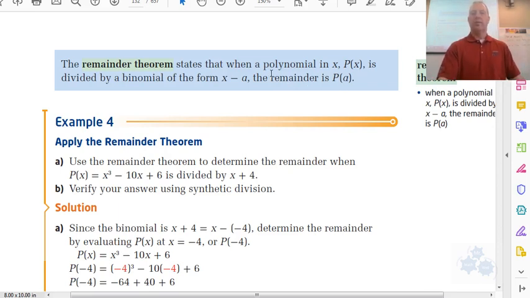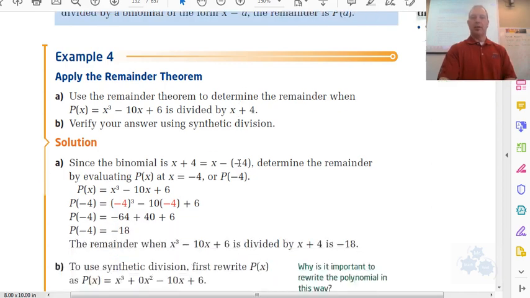If you take a in your divisor, and you plug it into your polynomial p of x, then the answer you get when you evaluate that will be the actual remainder.